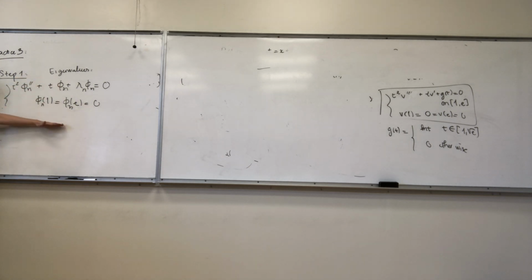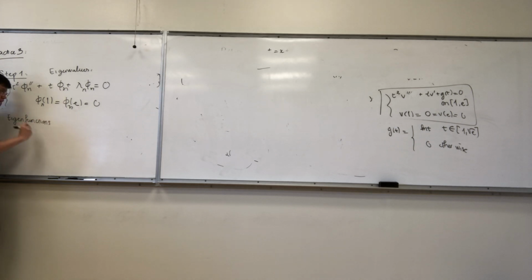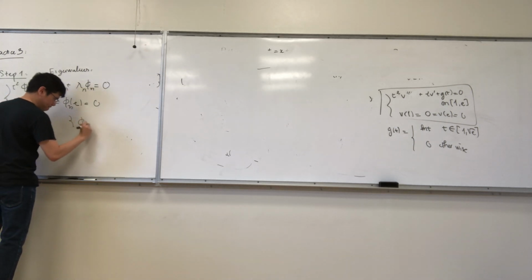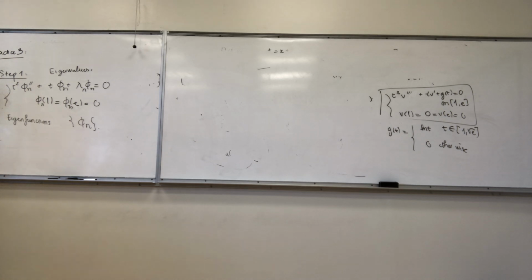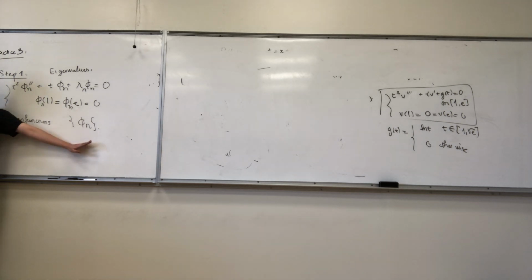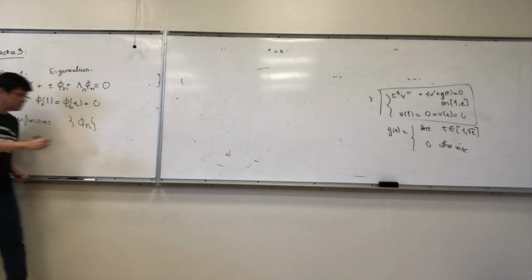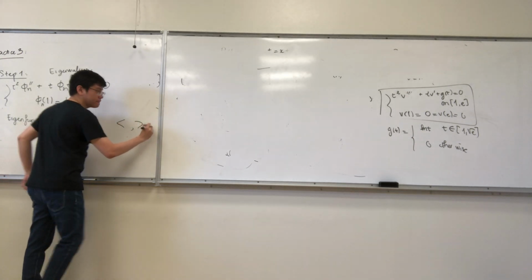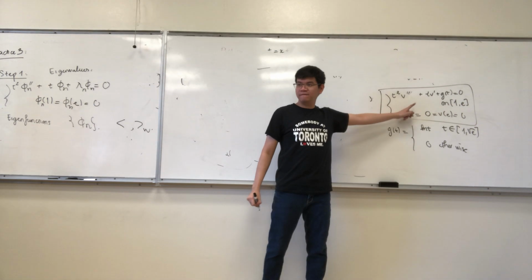After you have the eigenvalue problem, you have the eigenfunction phi n. All right, and this set of eigenfunctions will form an orthogonal basis under the new inner product.